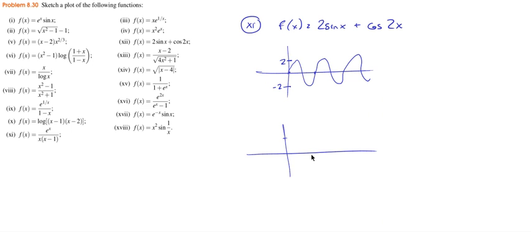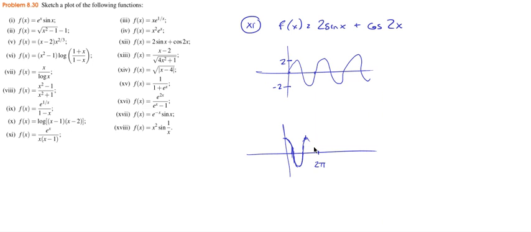So this is in 2 pi, right? In 1 pi it already does the same thing, so at pi halves it goes to minus 1, and then in pi it goes back to 1. Sorry, I'm plotting this terribly.